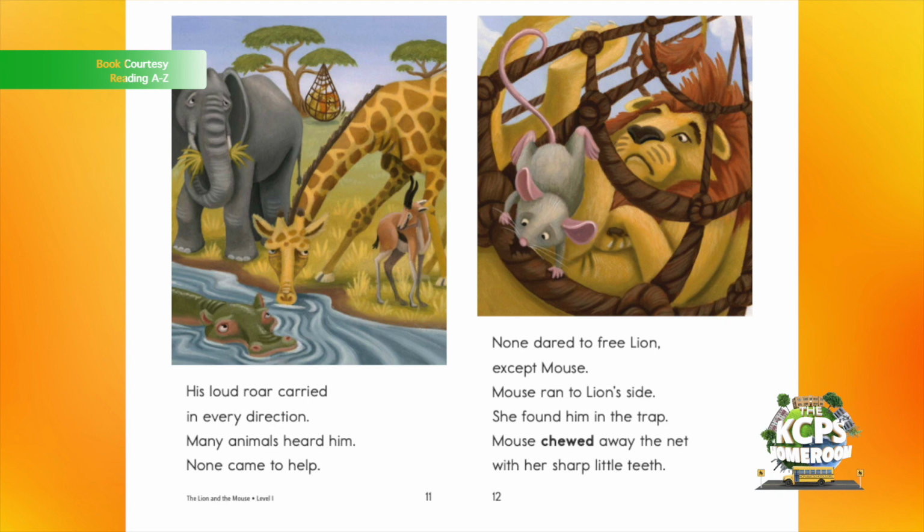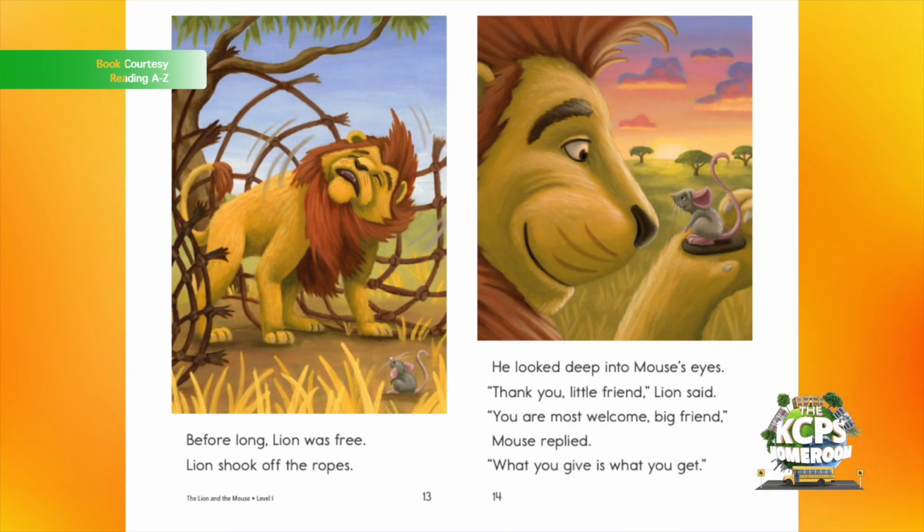Mouse chewed away the net with her sharp little teeth. Before long, Lion was free. Lion shook off the ropes. He looked deep into Mouse's eyes. "Thank you, little friend," Lion said. "You are most welcome, big friend," Mouse replied. "What you give is what you get."